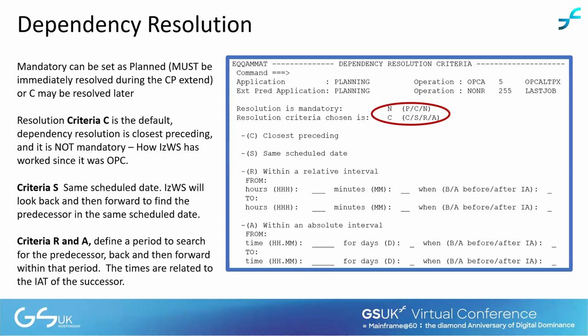All of these are relative to the successor's input arrival time, the job that's waiting for its predecessor. How far can it look back?